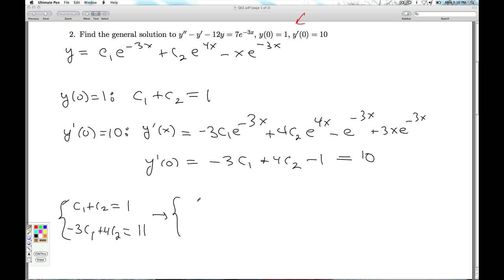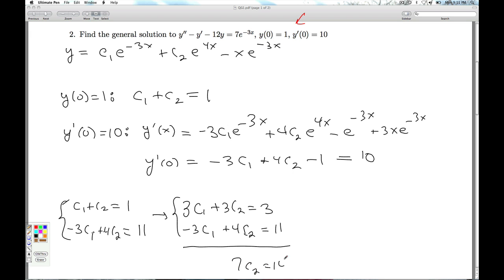I've been working a lot with matrices recently, so I'm going to multiply the top row by 3. 3c1 plus 3c2 is 3, minus 3c1 plus 4c2 is 11. I'm going to add these equations then. And I'm going to get 7c2 is 14, gives me c2 is 2.